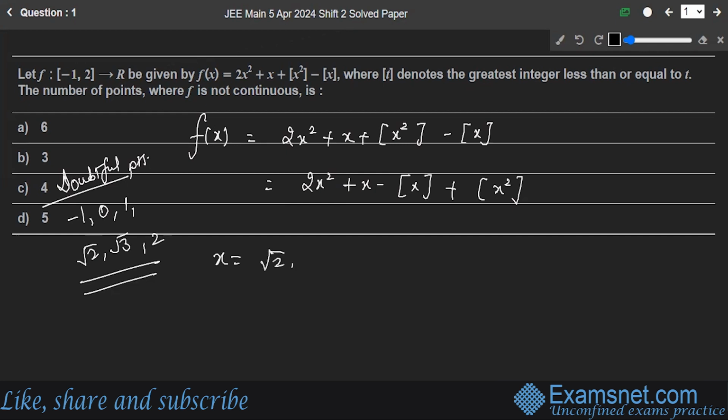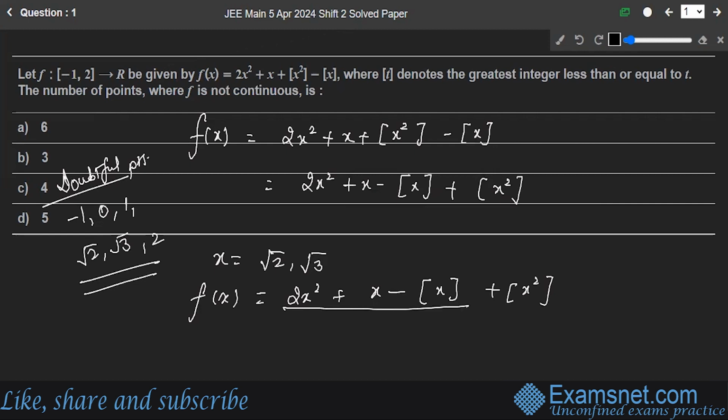Let's say at x equal to √2 and √3, this function, which was 2x squared plus x minus x plus the greatest integer of x squared, the first part is a continuous function, and the other is a discontinuous function. When you add both of them, you will get a discontinuous function. So these 2 points are discontinuous.